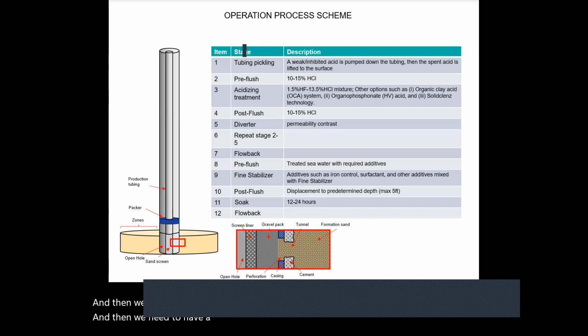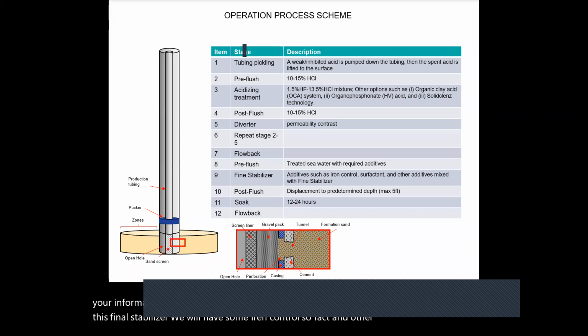After the flowback, we will have another flowback. For your information, this is specifically meant for the fine stabilizer project. And then we will inject this fine stabilizer, with some iron control, surfactant, and other additives.